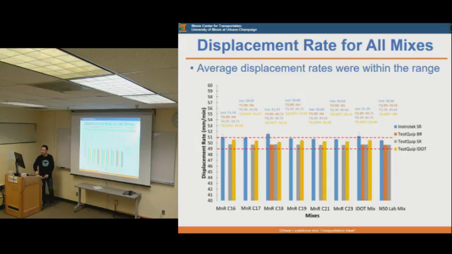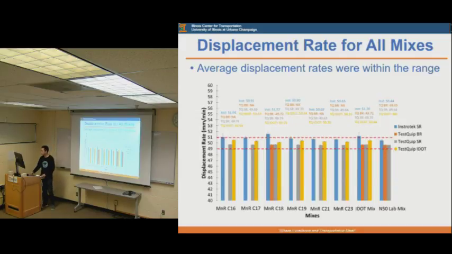And as you guys know, the loading rate for the Illinois flexibility index test is a very important part, and we want it to be in the range from 49 to 51 millimeters per minute. And we want to assess this for different machines.